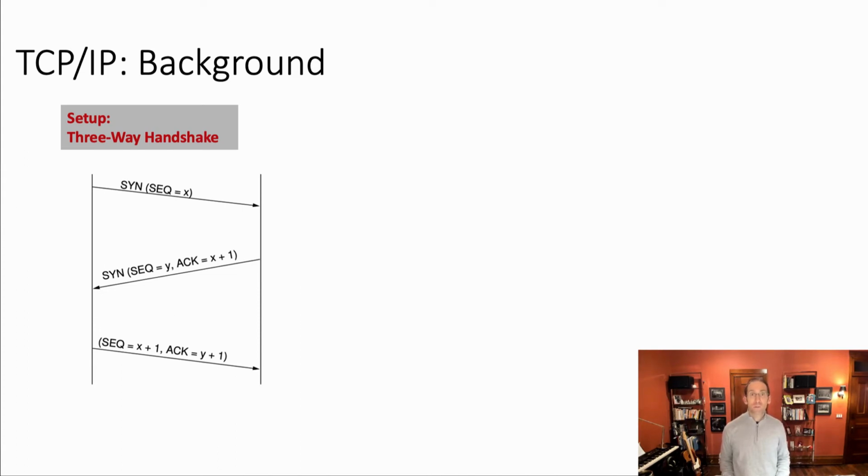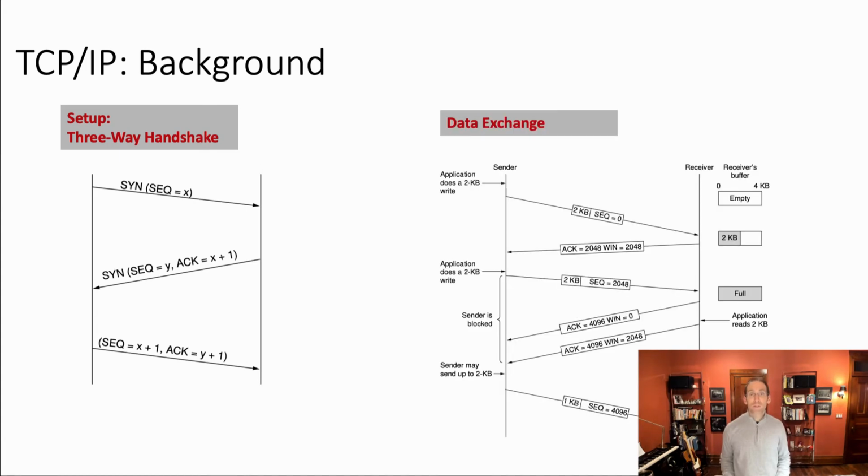A sender on the left who wants to communicate with another host on the right would first send a so-called SYN packet, which would be answered with another SYN, or a so-called SYN-ACK packet. The third part of the three-way handshake is the acknowledgement, or the ACK, of the second packet, the SYN-ACK. After these 3 packets are exchanged, the connection is set up and data transfer can take place.